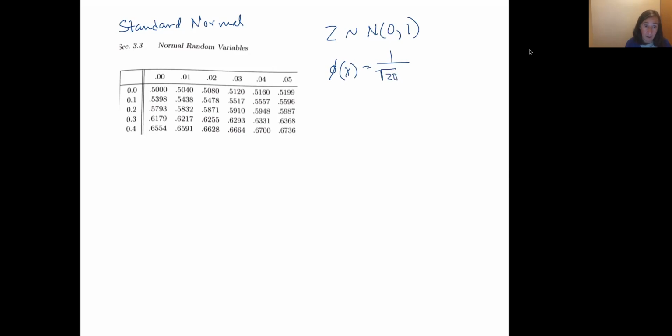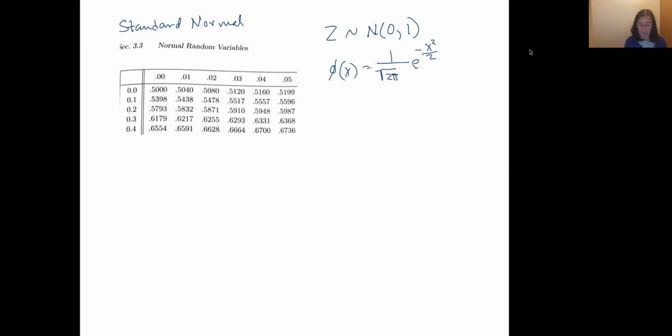I usually have a sigma down here in this denominator, but my sigma is 1, times e to the negative... It would normally be negative x minus mu squared, but because mu is 0, it's just negative x squared divided by, normally it would be 2 sigma squared, but that's also 1. So the PDF looks a little bit simpler. So root 2 pi.